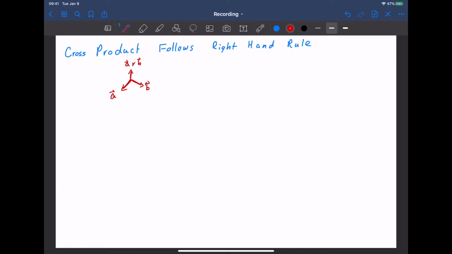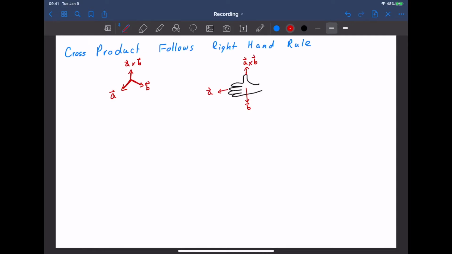This is the right hand rule because if I draw up my right hand, and my vector A pointed out that way, and vector B was shooting out the palm of your right hand, then vector A cross B is shooting out of your thumb.